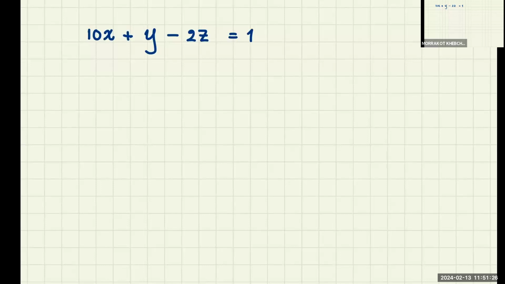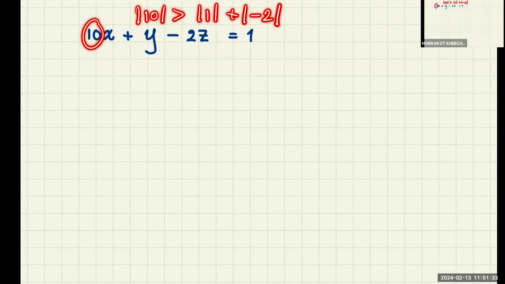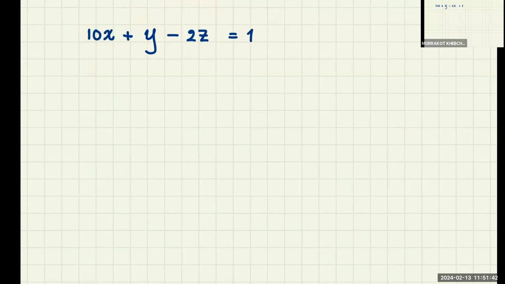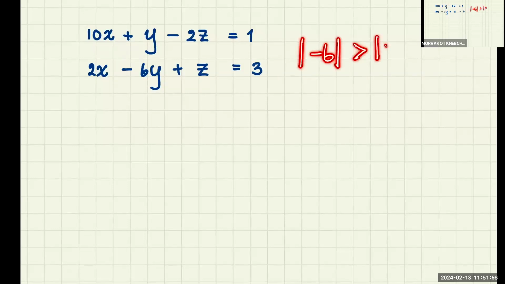So you can see that 10 is greater than 1 plus 2. Okay? Because the coefficient 10 is greater than the sum of the rest. Maybe 2x, now you know that the absolute value of -6 is greater than 2 plus 1.